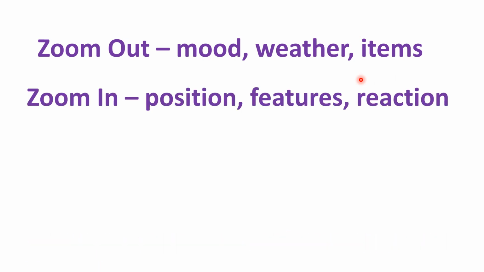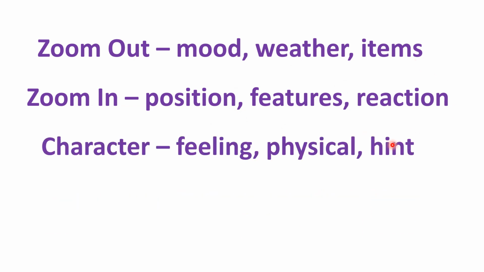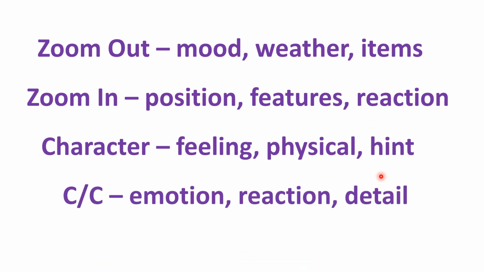We have our zoom in, we talk about the character's position, the features of the zoom in, and the character's reaction to the zoom in. We have the character paragraph, which includes the character's feeling, their physical features, and a hint at the change or challenge. And that paragraph includes the character's emotion, their reaction, and also a detail of whatever has changed or whatever is a challenge.